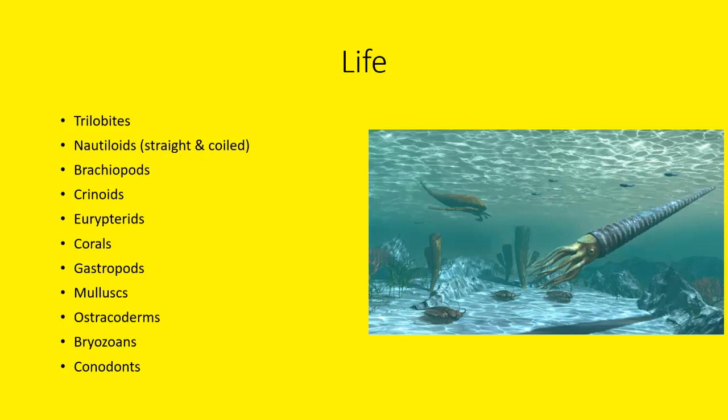You also have bryozoans, life forms that would be very similar to coral, but they're not really coral. They're a different type of life form, and also conodonts, which are fish that actually still have jawless parts. They don't have any jaws, but they almost look like those sucker type of fish.